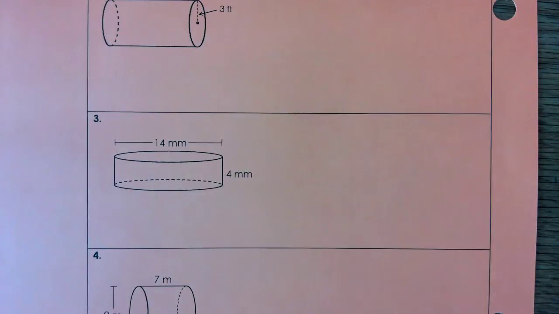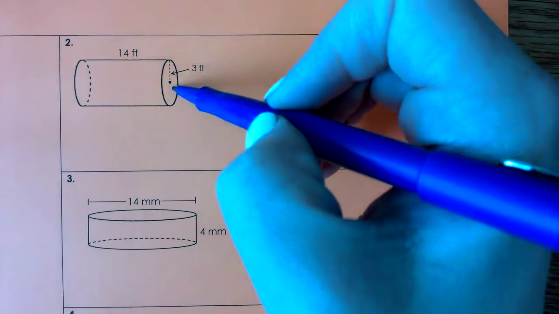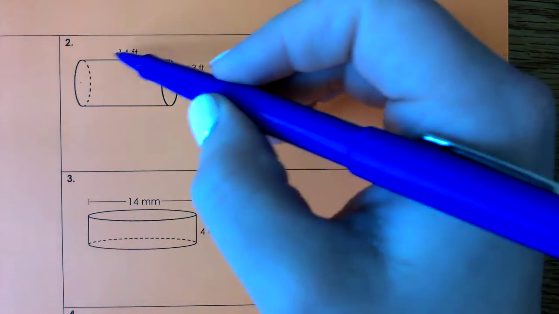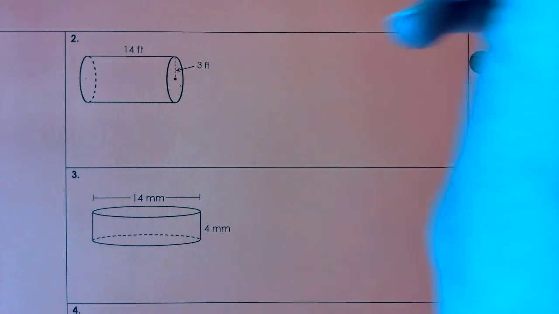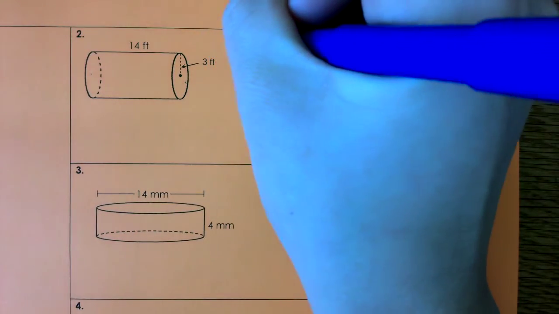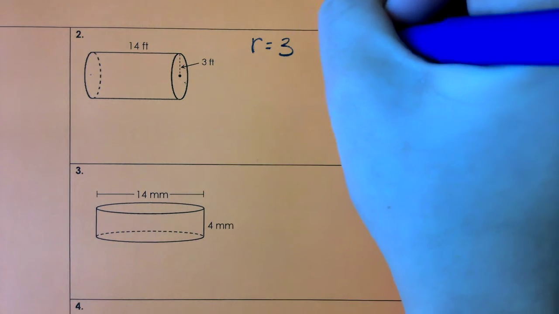On the back side, we're going to do the same thing. The long way is to find the area of each circle, find the area of the rectangle, and then add them all together, doing everything separately. What's my radius? What's my height?